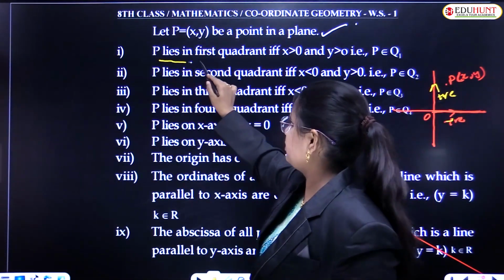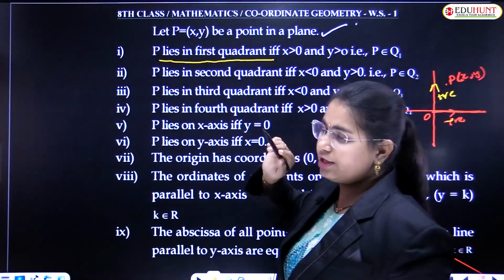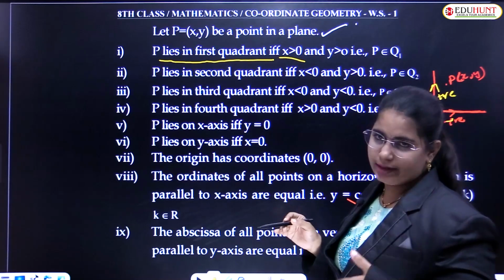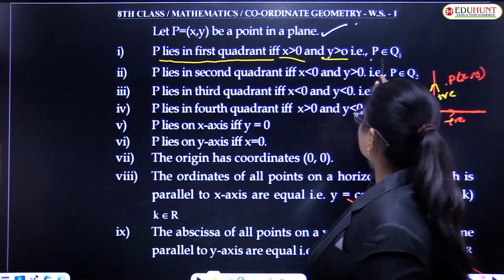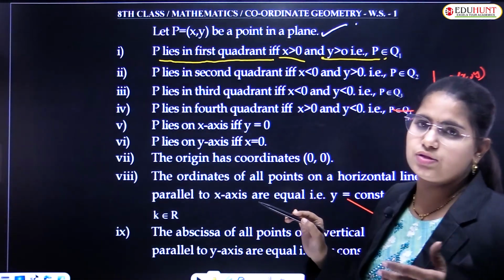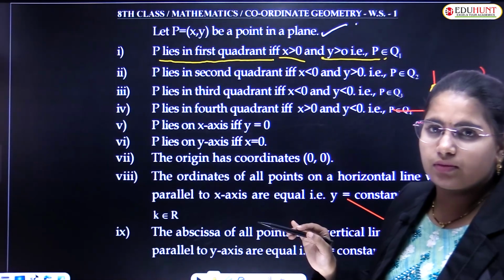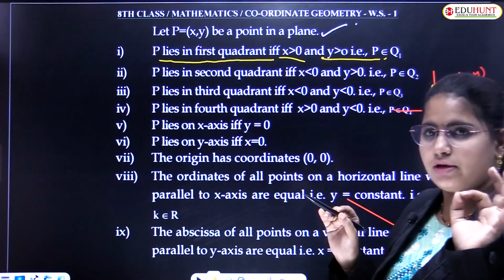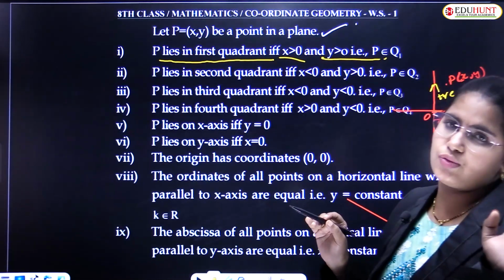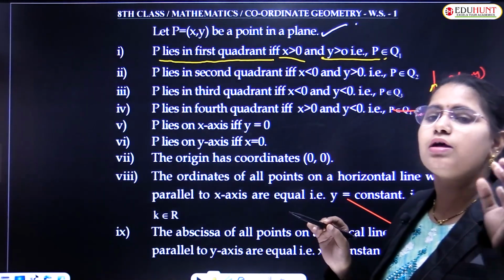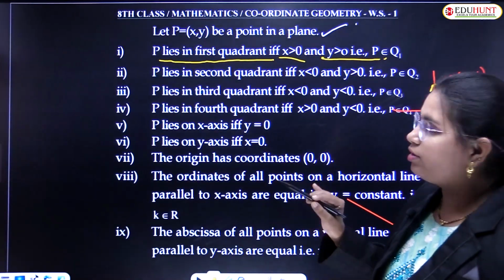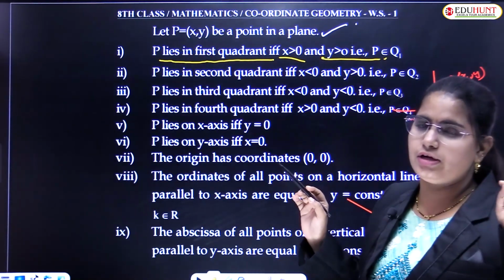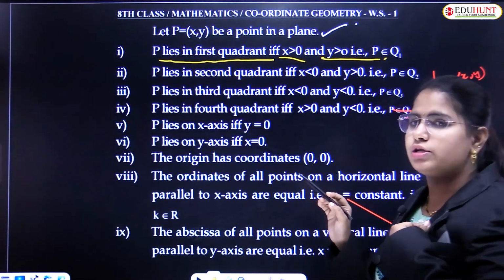If P lies in the first quadrant, we have x greater than 0, that means a positive number. Y is also greater than 0, a positive number. Understood? So if you take a point in the first quadrant, x is greater than 0 and y is greater than 0. Done with this? Can I move to the next one?